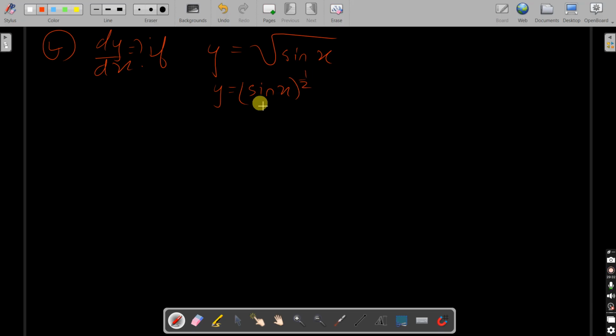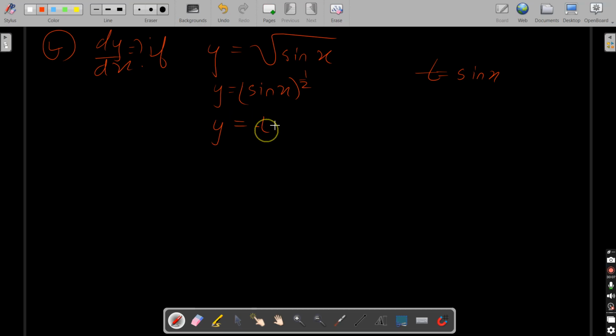Now substitute sin x as t because we never had any power to sin x. We had it to x or t or any variable, never to any trigonometric ratio. So t is equal to sin x.